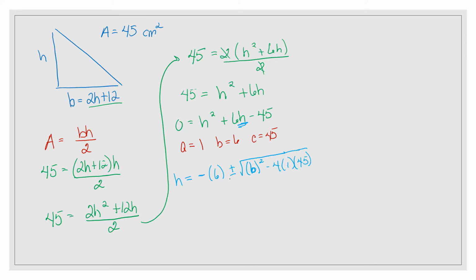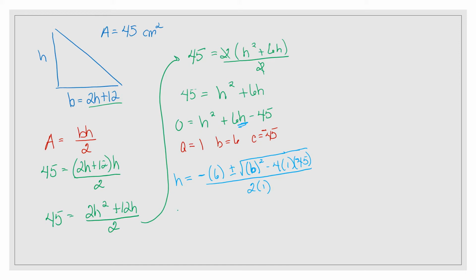Oh, excuse me, you know what I meant. See, this is why I need you guys working with me. C is a negative 45, isn't it? Which means 4 times 1 times a negative 45, all divided by 2 times 1. Good?